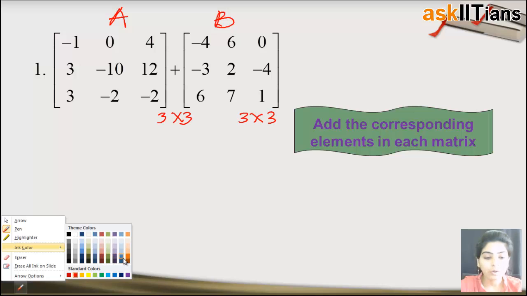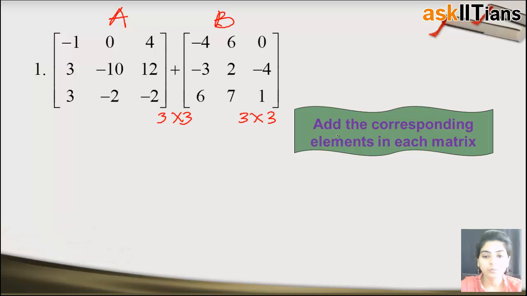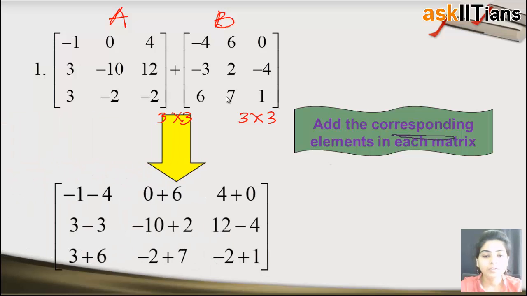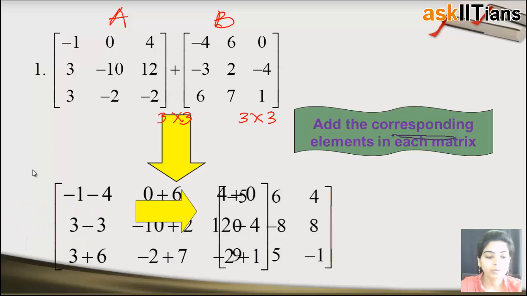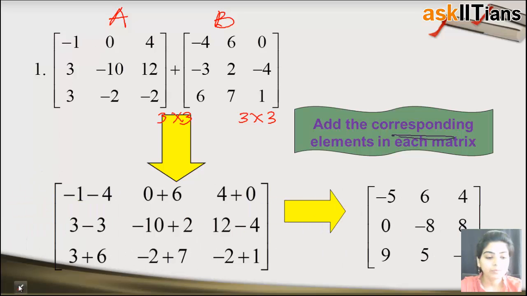See, first of all, in order to proceed in such a question, you just need to remember that you have to add the corresponding elements in each matrix. First of all, we add the first element of A to the first element of B, right? Minus 1 plus minus 4. See, what did I do?